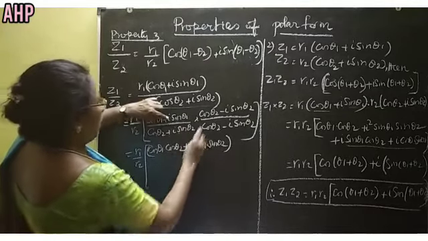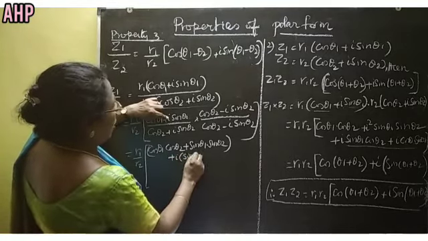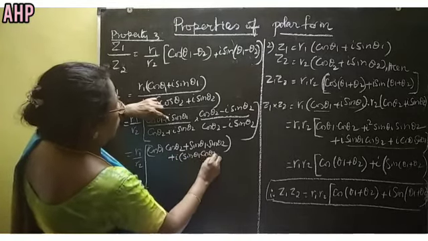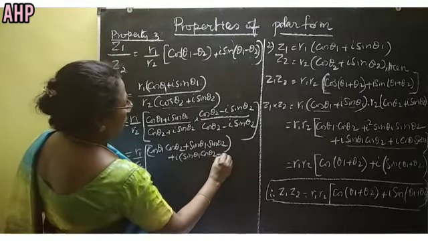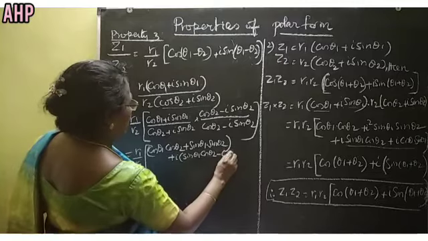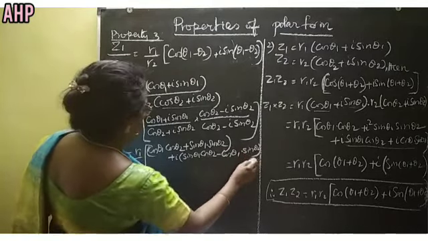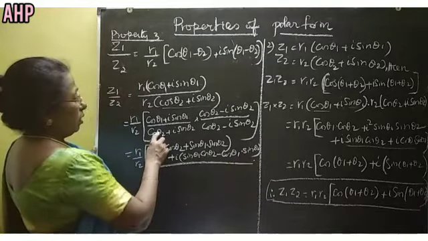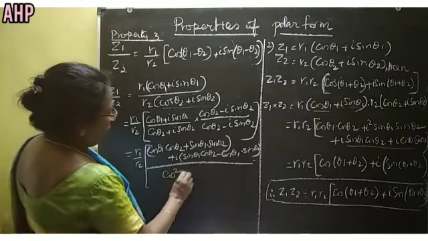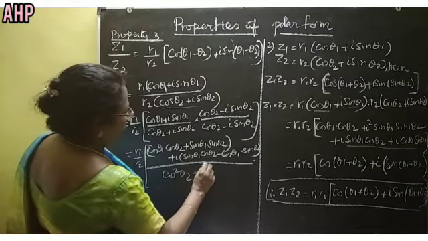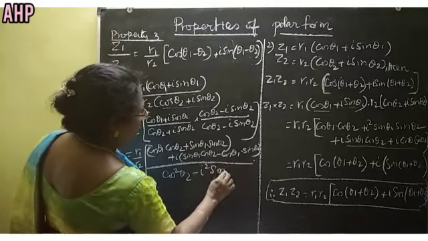Now i into sin theta 1 cos theta 2, then minus i into cos theta 1 into sin theta 2, divided by, now this is of the form A plus B into A minus B, so cos square theta 2 minus i square sin square theta 2.